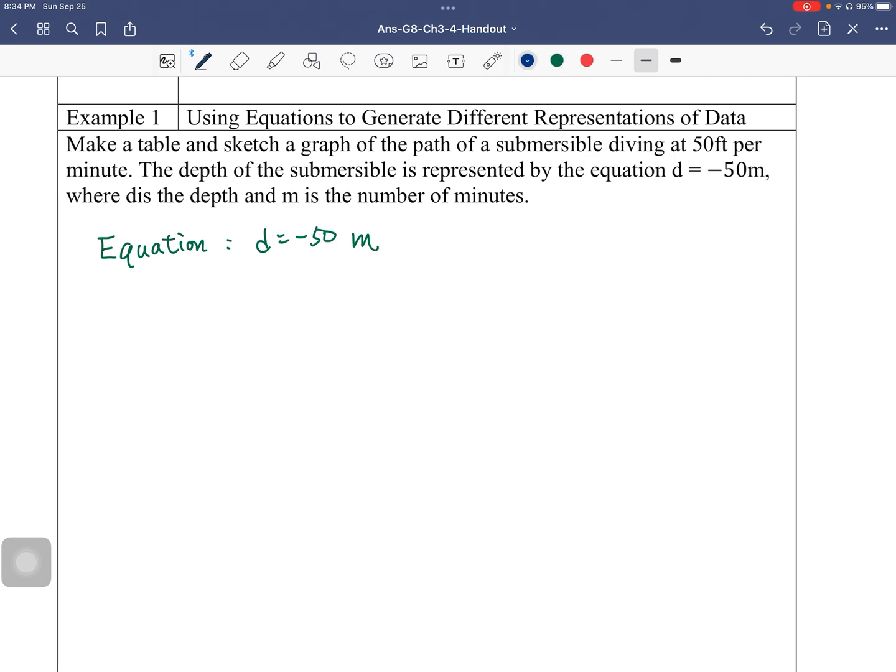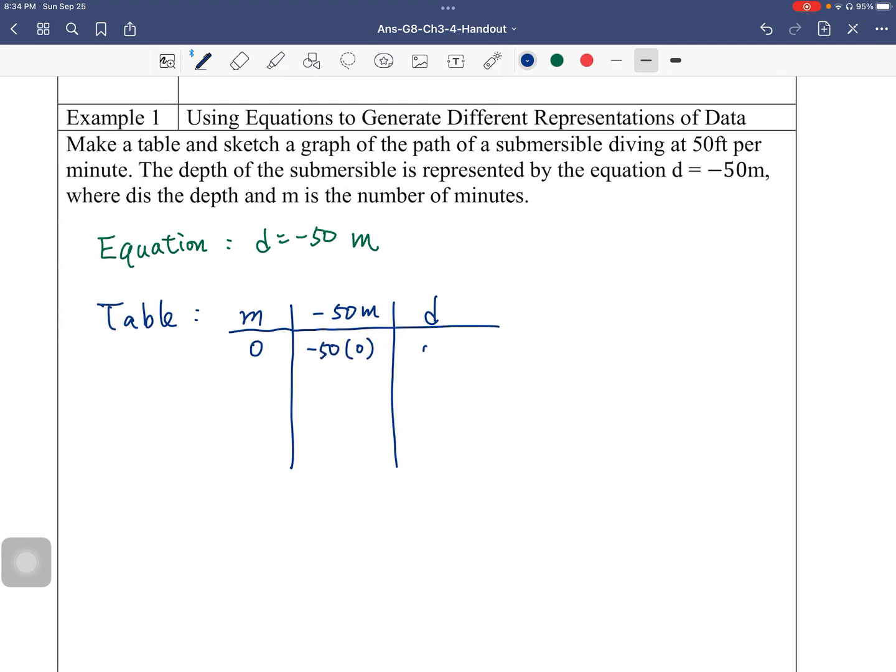My representation as a table comes from m, negative 50 m, and then d. So it comes from 0. Negative 50 times 0 is 0, and then 1. Negative 50 times 1 is negative 50, and then 2.